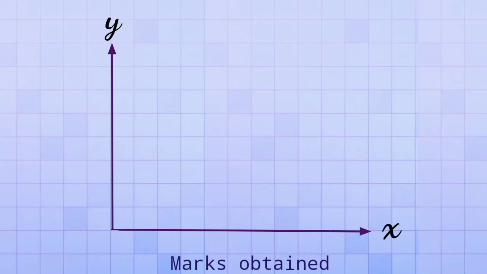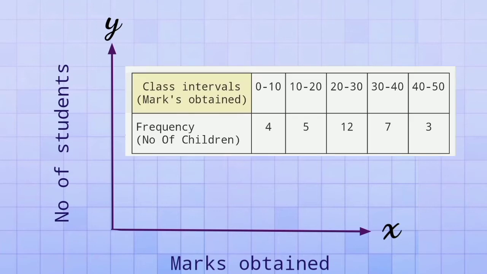So here we are going to put a coordinate plane. I have taken two axes, x-axis and y-axis. In the x-axis I have taken marks obtained. The y-axis is number of students, that is frequency.